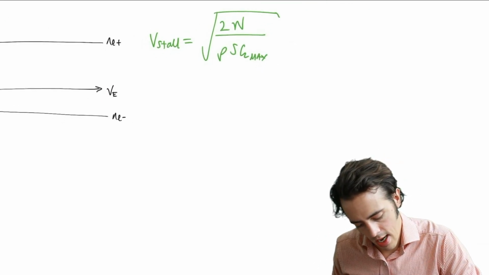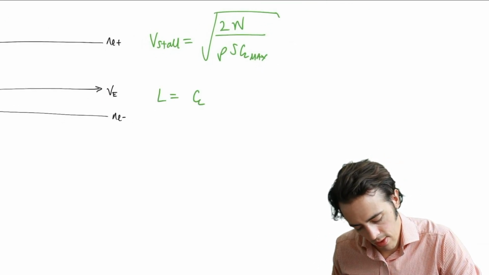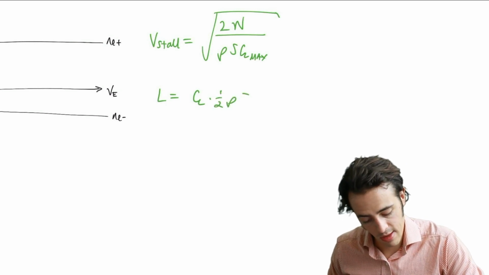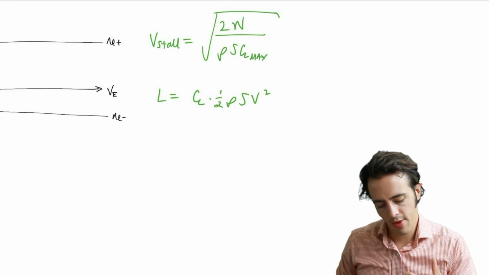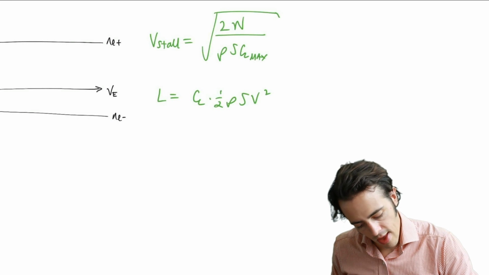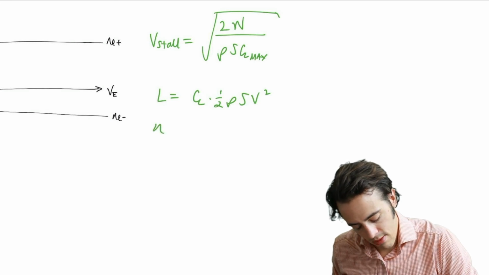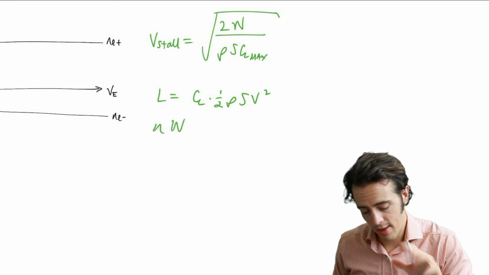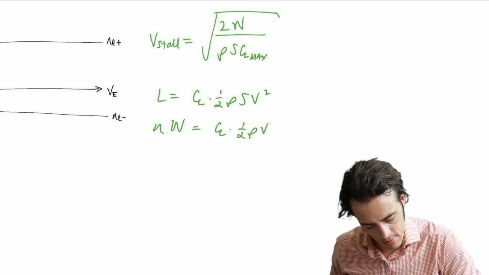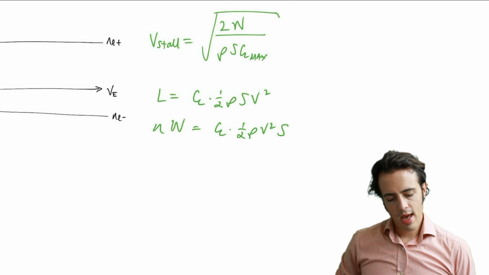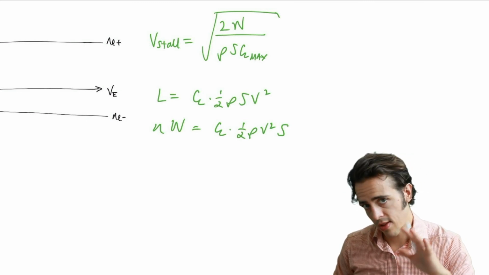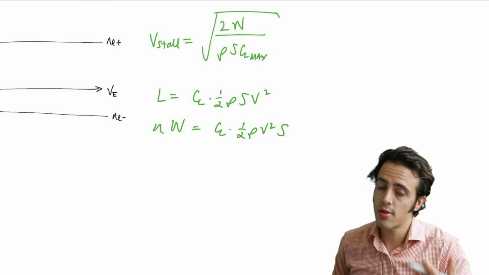Let's say lift is equal to CL multiplied by half. Sorry, this just comes from the definition of the lift coefficients. That's lift is equal to CL half rho S V squared. We could then say that the lift is equal to n, which is the load factor, multiplied by W. And we can then just divide both sides by W to give us the load factor that occurs at stall.